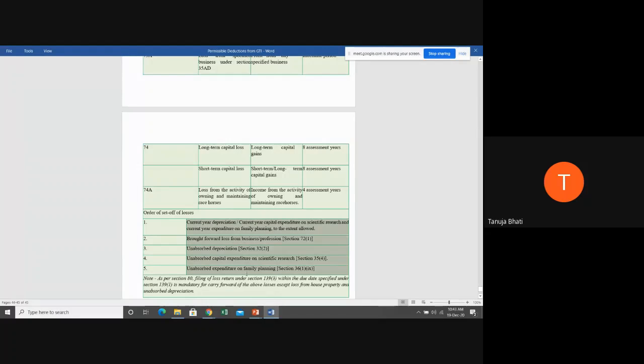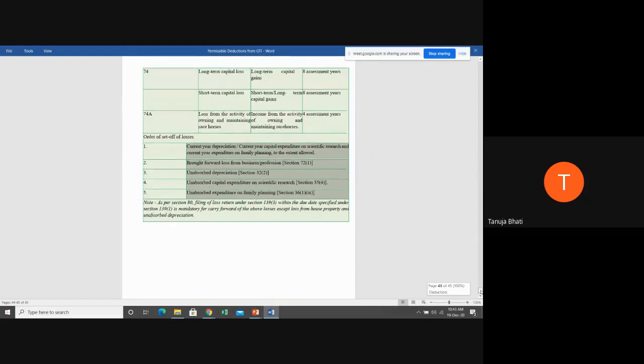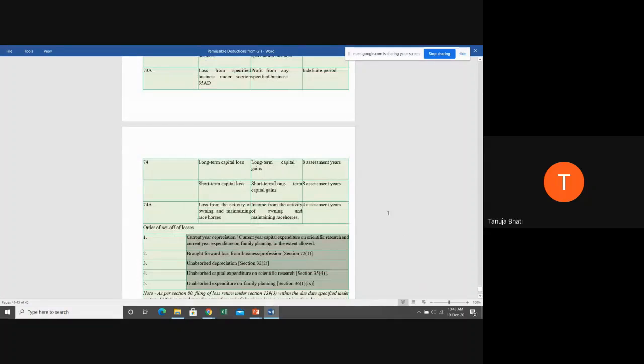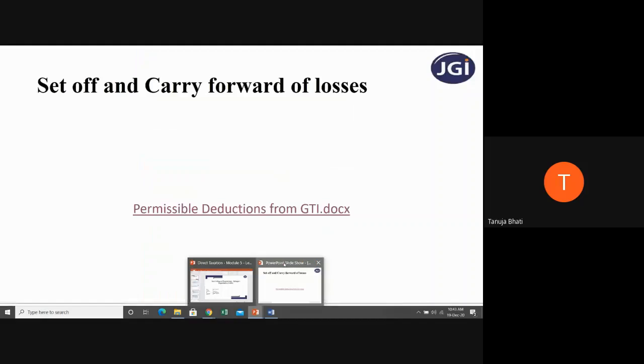So this is the order of set off. You are not going to first set off unabsorbed depreciation. First should be current year depreciation, then brought forward losses, then unabsorbed depreciation, then unabsorbed capital expenditure, and then unabsorbed expenditure on family planning. So this is the theory part relating to inter-source and inter-head set-off.